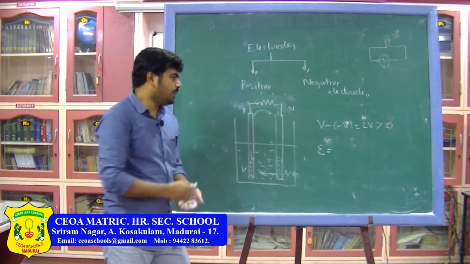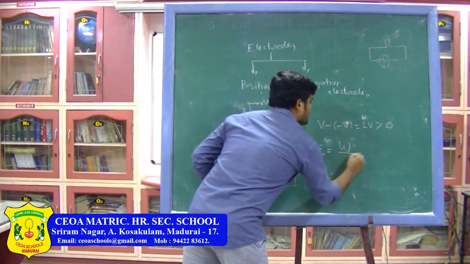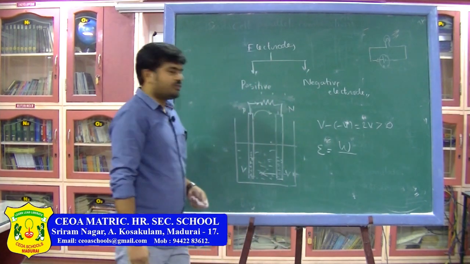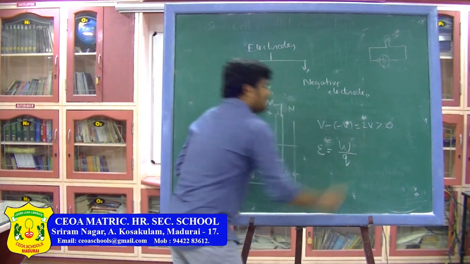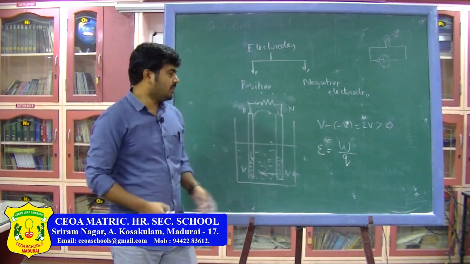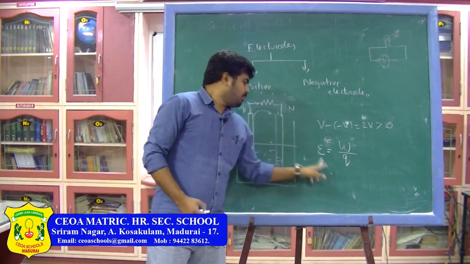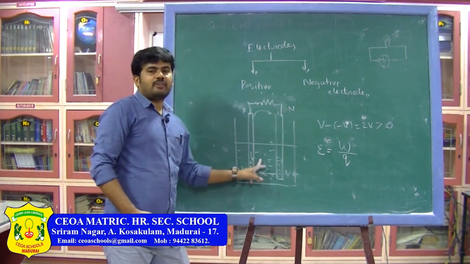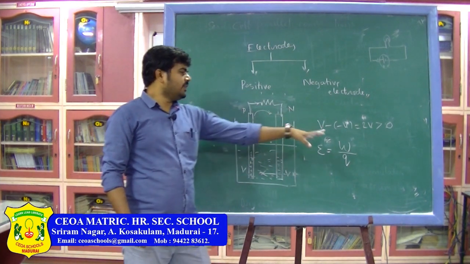That work done per unit charge, say W per unit charge, is known as EMF of the cell. So remember, EMF is nothing but work done per unit charge in maintaining constant current in the external circuit.